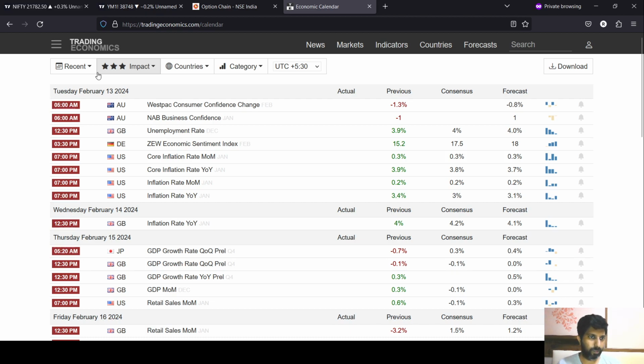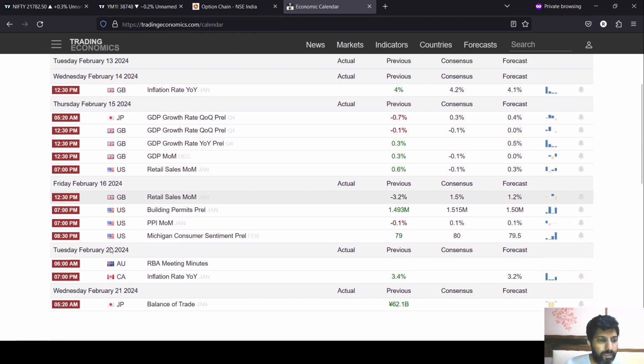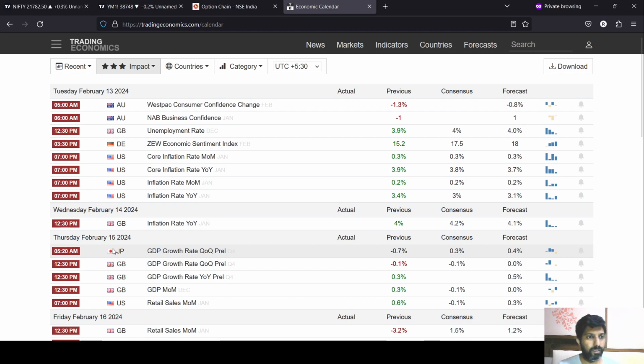We can filter this, but currently I've filtered with impact 3, which is high impact, and that clearly shows that there is no event as such for February 12th, our time, that is IST. But on February 13th we do have some US data coming in, inflation rate and core inflation rate, as well as one more.